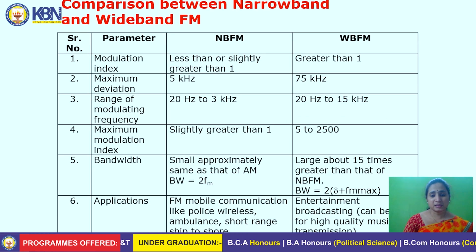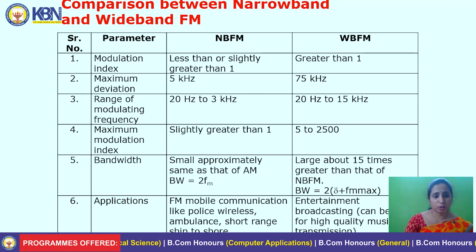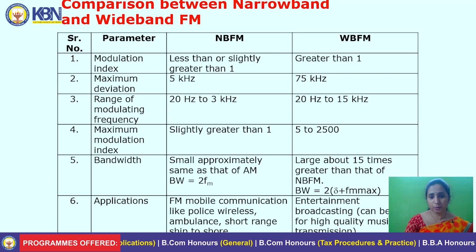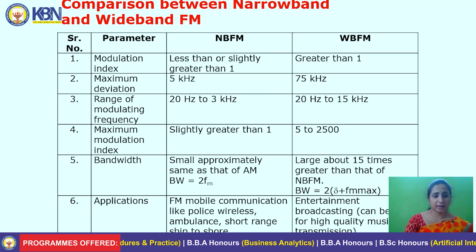In NBFM the modulation index is less than or slightly greater than 1, and in WBFM it is greater than 1. The different categories are modulation index, maximum deviation, range of modulating frequency, bandwidth, and applications.